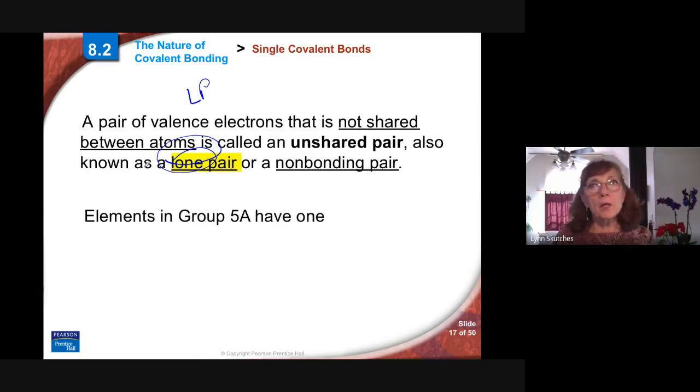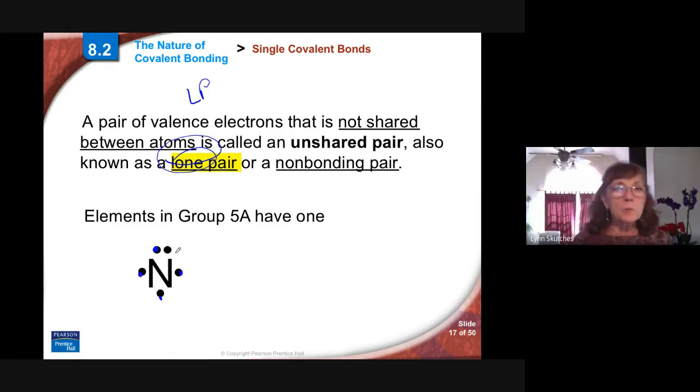Group 5A or 15, that's nitrogen's family, has 5 valence electrons. And so when we do our little 1, 2, 3, 4, spread them out as far as possible, we have to start doubling up with 5. So that's a lone pair, and that influences the shape of molecules that have nitrogen in them.